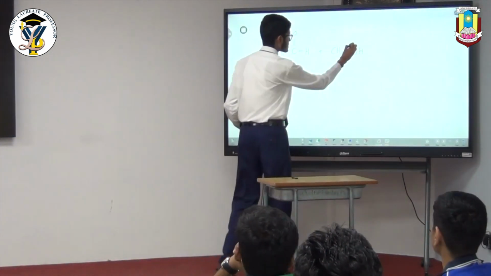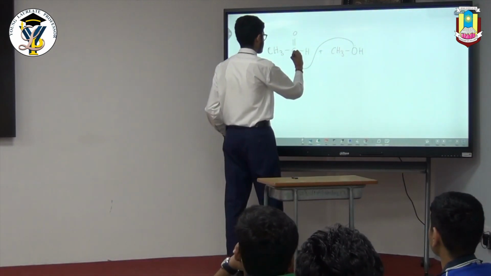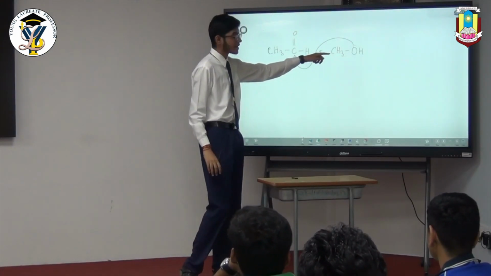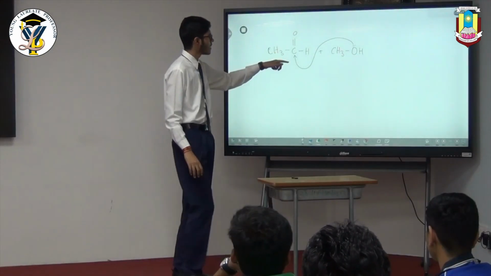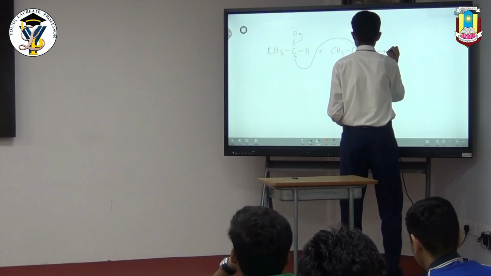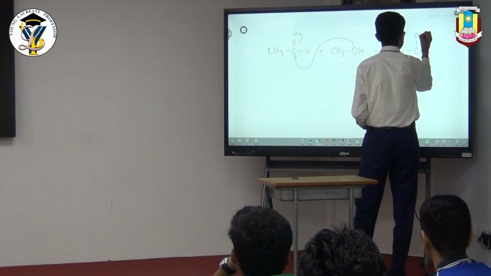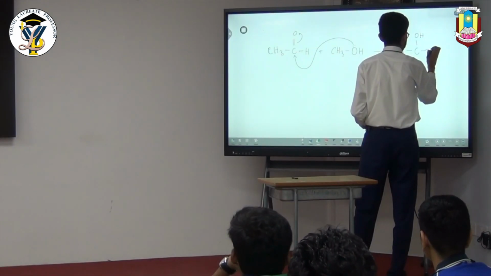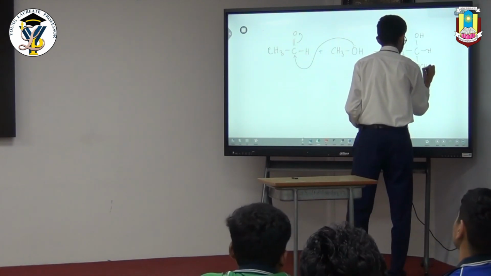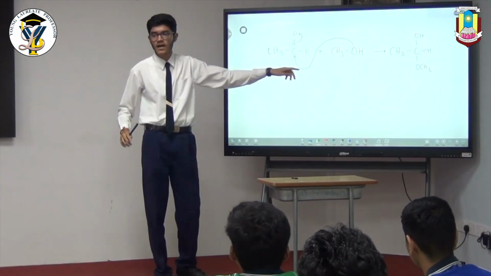Now this oxygen has lone pairs on it. This oxygen atom present right here will act as a nucleophile, attack this carbon atom, and then this bond will break. This is what we get. This is an acetal, the final product that we get.